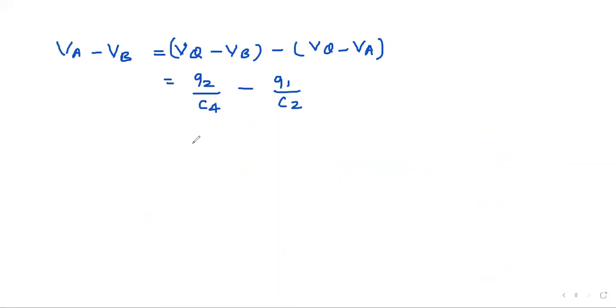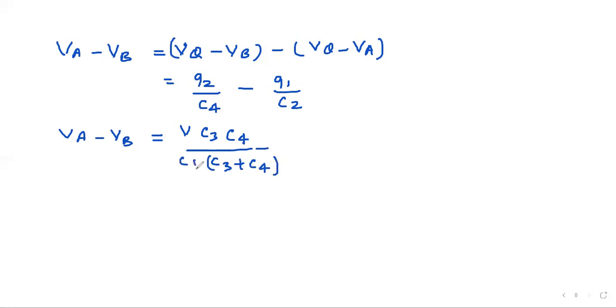So we get VA minus VB, and we have got Q2 as V times C3 C4 divided by C3 plus C4, and here C4, so C4 will cancel out.